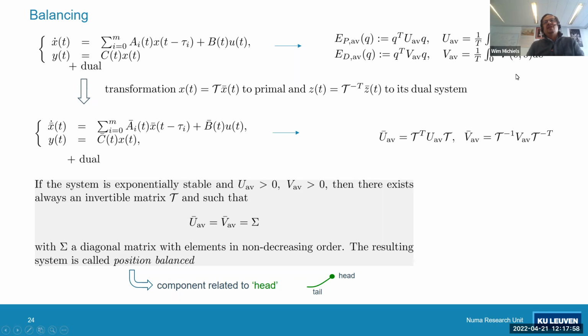The effect is that these averaged quantities, the average of your U and V, you can choose the transformation in such a way that they become equal to each other on the diagonal. What does it mean if you have a diagonal form here? That means that every state is equally reachable and observable. And this allows you then to make some truncation.